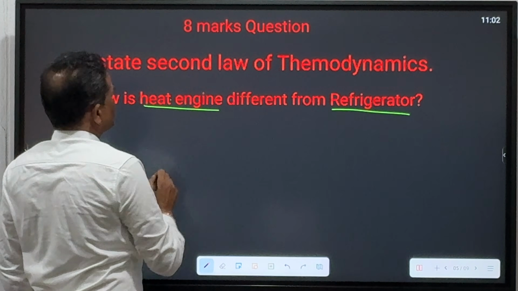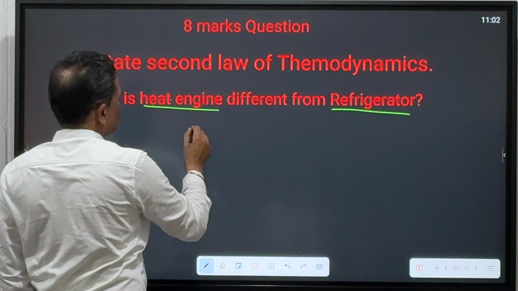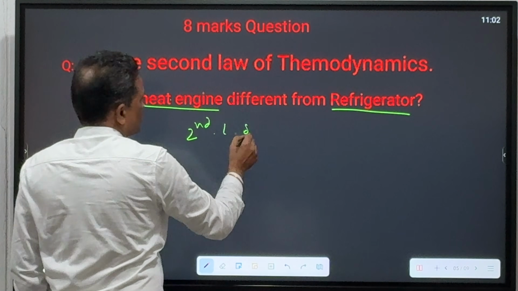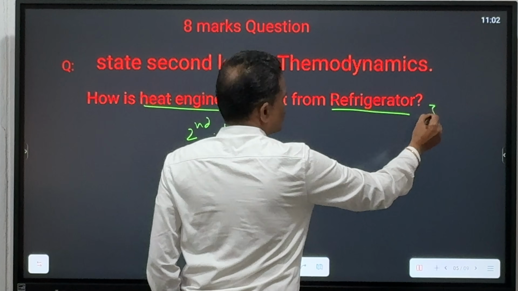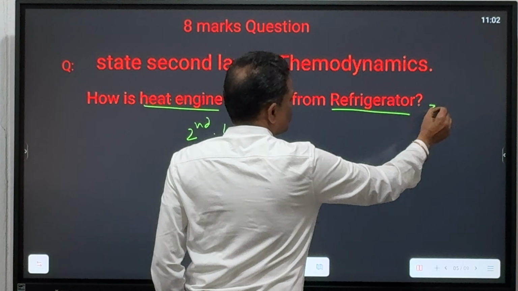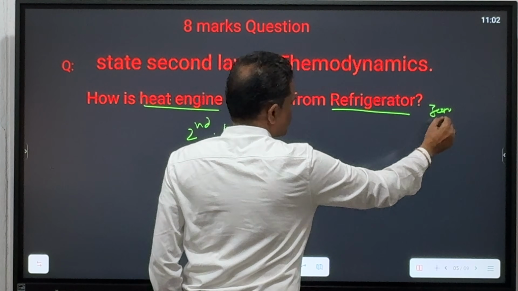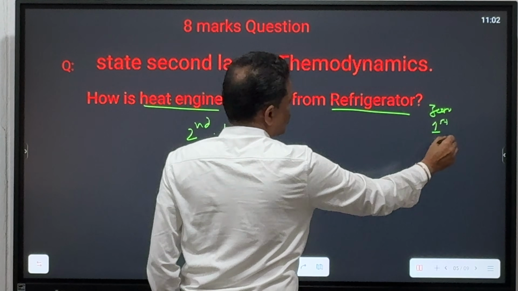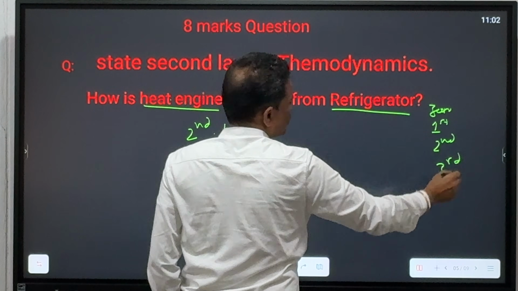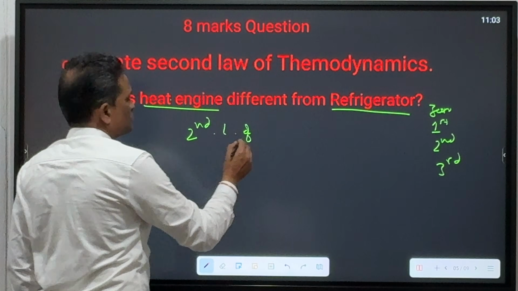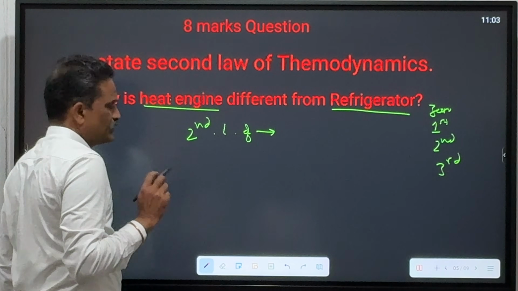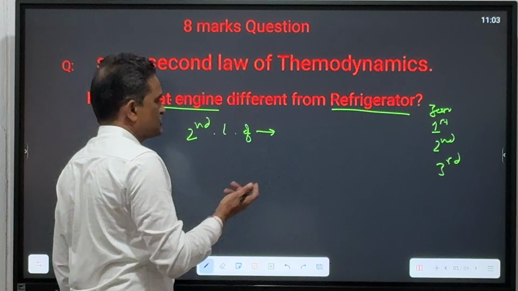Now before going to this, let us discuss the second law of thermodynamics. There are 4 laws in thermodynamics. One is called zeroth law. The second one is called first law of thermodynamics. Third one is called second law of thermodynamics. The fourth one is called third law of thermodynamics. The second law of thermodynamics is given by 2 statements.